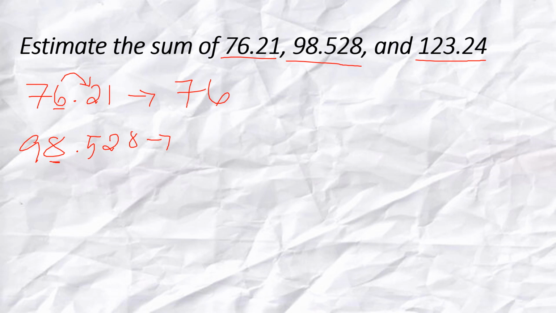The digit here is 8. The number beside it to its right is 5. So we need to round up. 8 here will become 9. So we have 99.